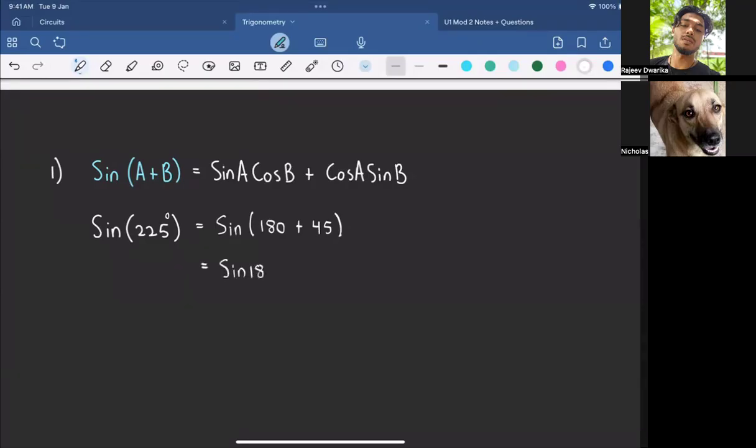Writing sine 180 cos 45 plus cos 180 sine 45. That will be 0 plus minus root 2 on 2.